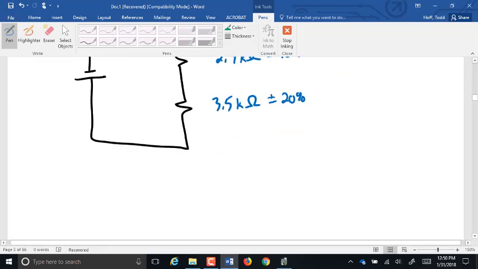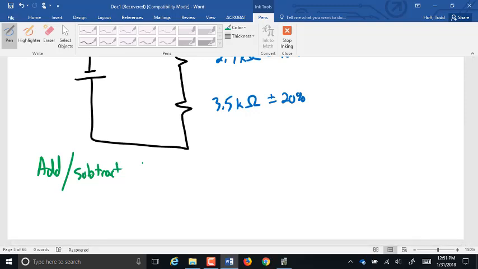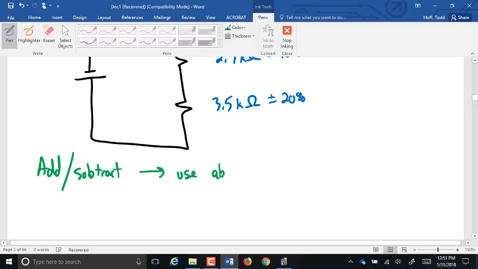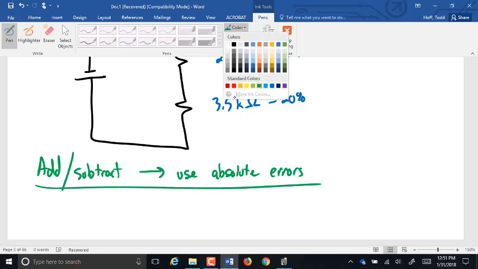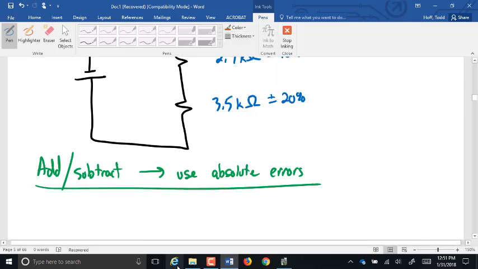When we add or subtract allowances, tolerances, even errors, we use absolute errors or allowances or whatever we're using. So for each of these, we have to find the absolute allowance.